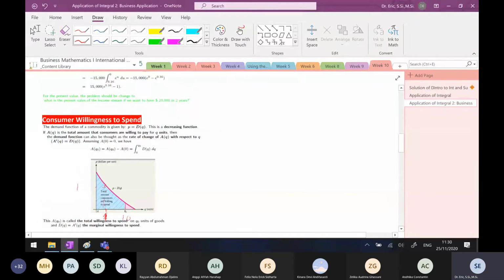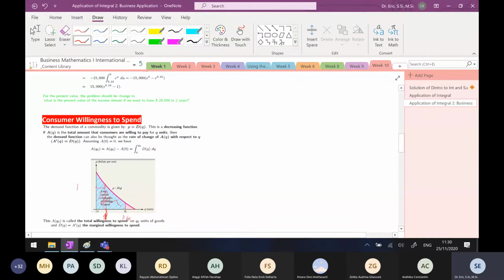Ya, jadi gini, total amount consumer willingness to spend itu sebenarnya cuma luasan ini. Jadi kalau you want to buy one item, you have 1 million.